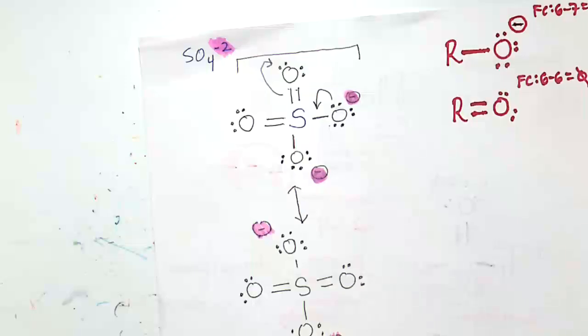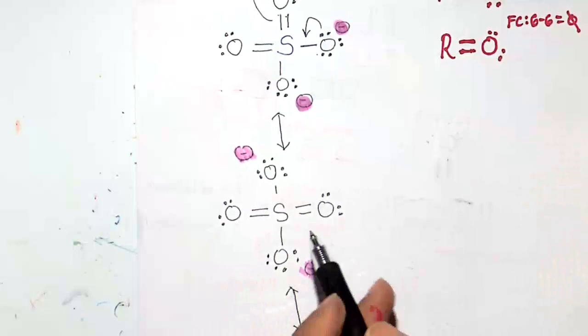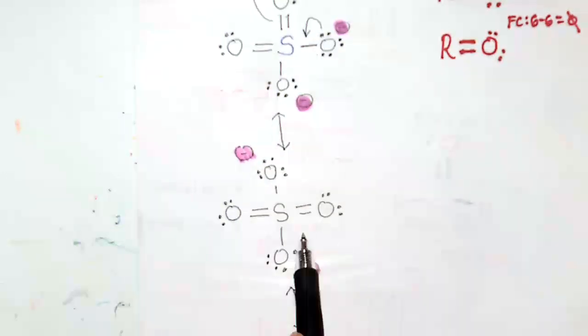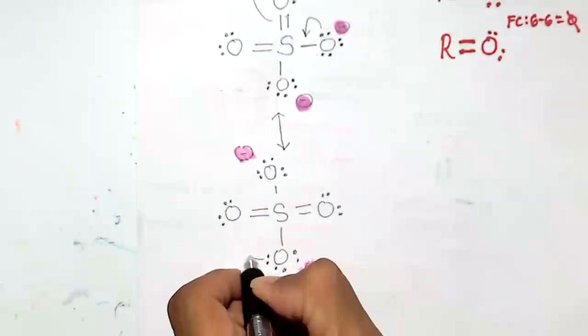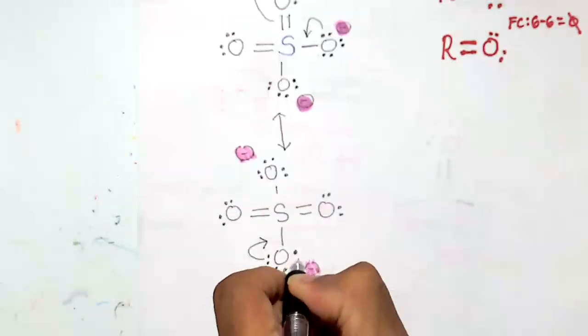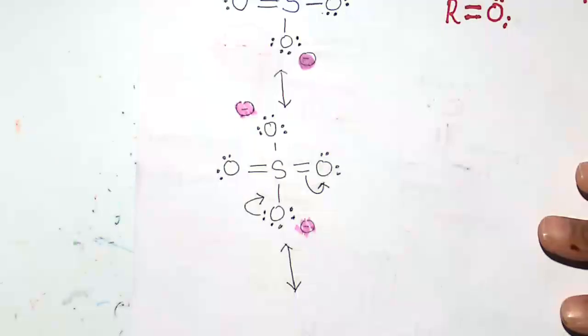You guys see anything else? Okay, where else can this double bond go? Okay, down. I'll move this pair of electrons here, kick this one out. So now I have the double bond down.